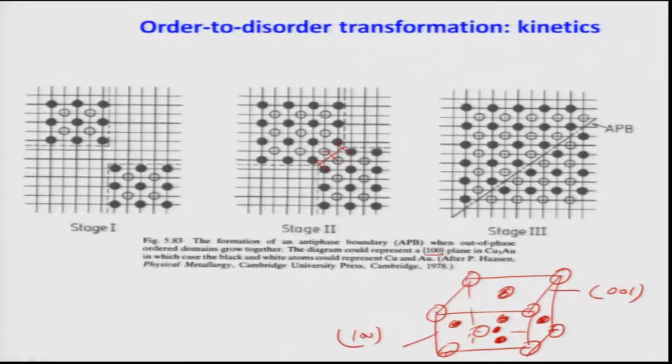You can clearly see that the corner atoms are occupied by either gold or copper. Please forgive me, here this is copper and this is gold, because these are taken from two different books, that is why the symbols are different. As you clearly see here, when they meet, there is opposite type of bond formation. That is very important to observe, not how things are arranged.